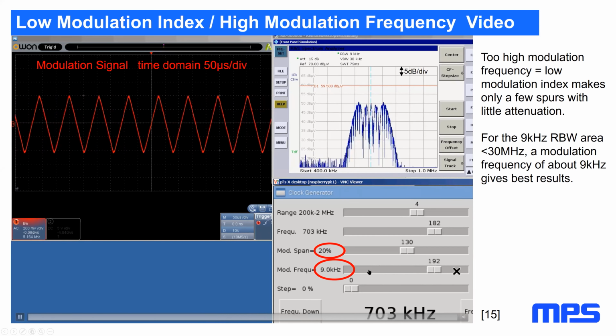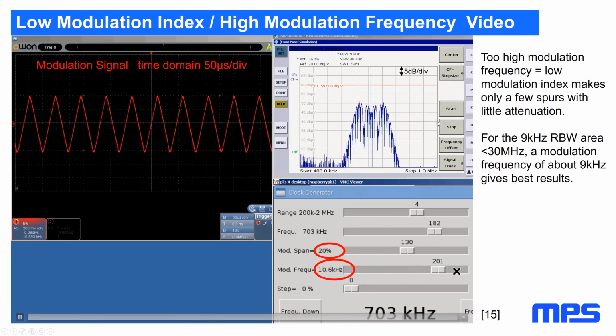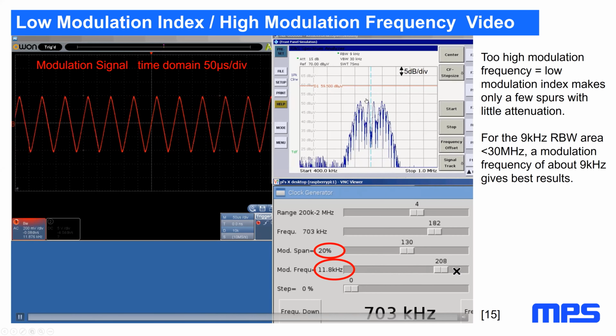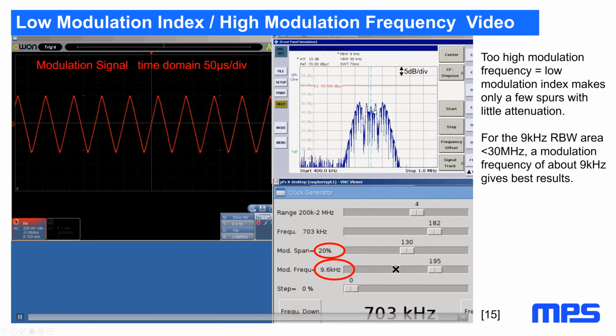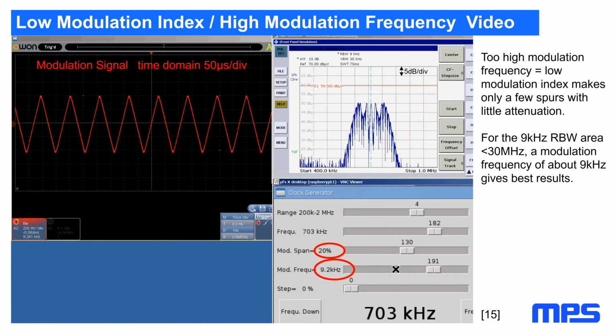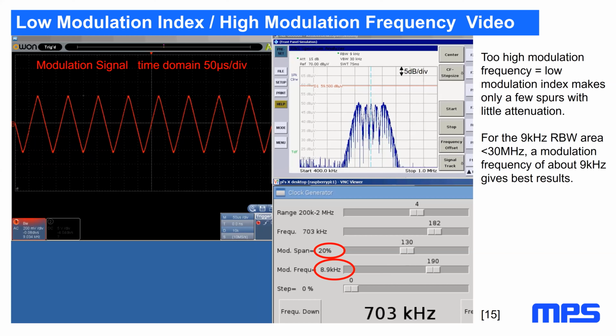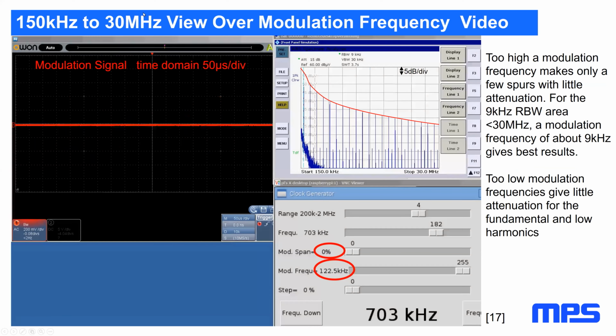And if I go back up, you can see that the spurs go out. So that's what you really expect from normal FM modulation theory. Okay, over a wider frequency range, not just the carrier.